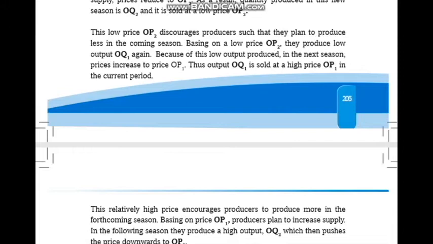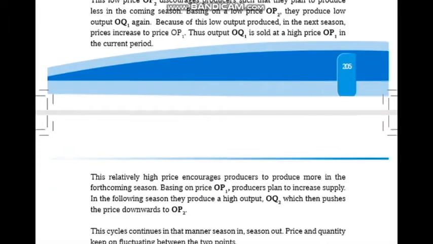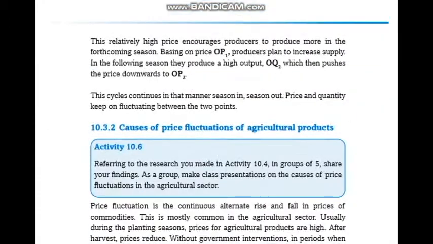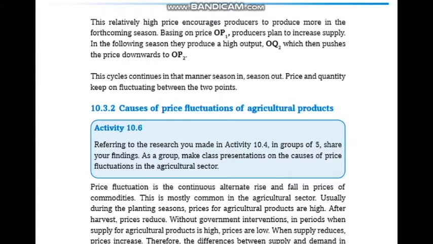Based on the low price OP2, they produce a low output OQ1 again. Because of this low output produced in the next season, prices increase to OP1. Thus, output OQ1 is sold at the high price OP1 in the current period. These relatively high prices encourage producers to produce more in the forthcoming season.